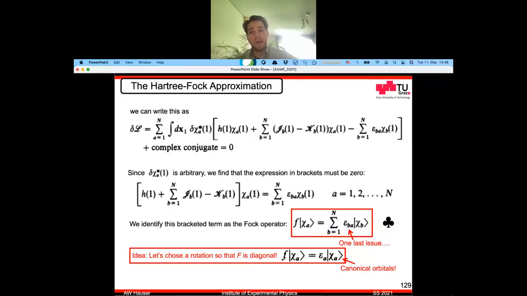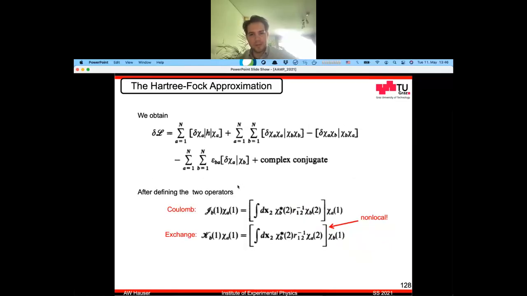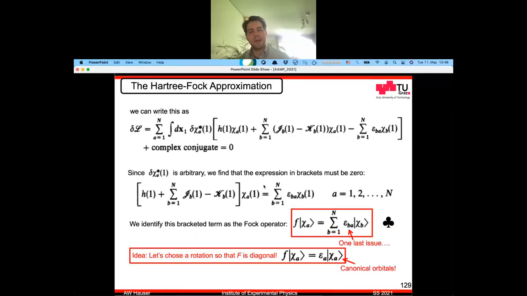But they also appear at the same time in the integrals, because our Coulomb and our exchange operators have this integral form, as we have introduced on page 128. See, the orbitals are also coming in an integral form. And so this makes it mathematically so complicated, and the solution is to be done numerically.